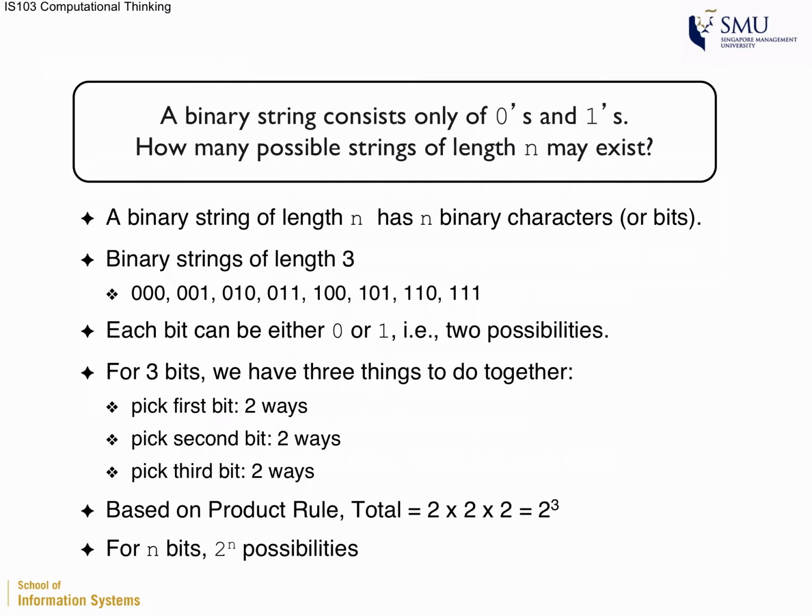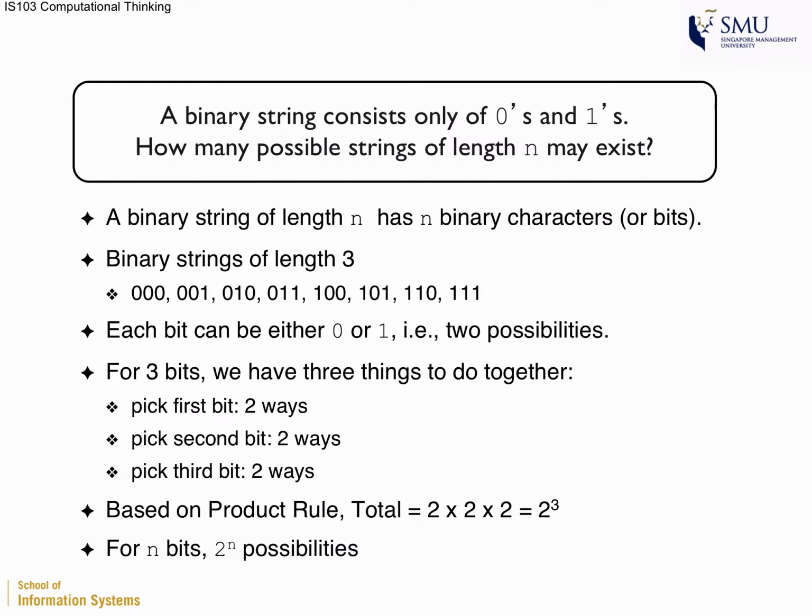How many possibilities are there? If the binary string has a length 3, then we can enumerate all the possibilities. So 0, 0, 0 is one possibility, 0, 0, 1 is another possibility, 0, 1, 0 is yet another possibility, and so on. If we keep doing this, essentially we can identify 8 different binary strings of length 3.